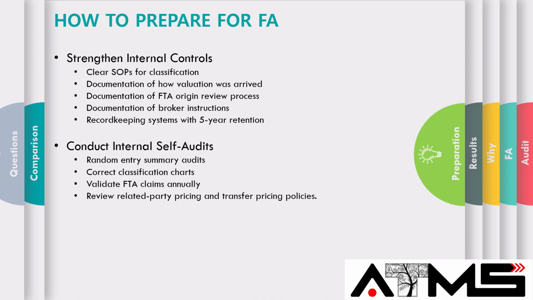The second, establish regular internal audits. During those audits, review random entries for accuracy. Update HTS classifications based on new CBP rulings or policy changes. Conduct annual FTA and origin verification. Lastly, review related party pricing and commercial invoices.